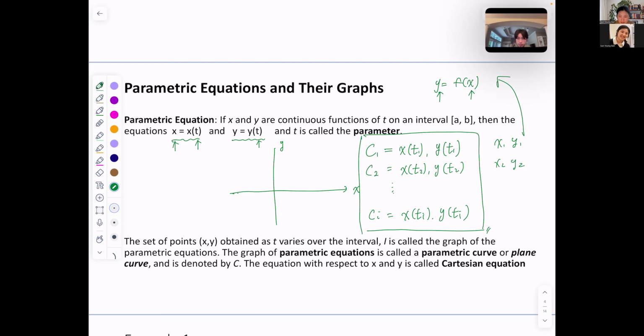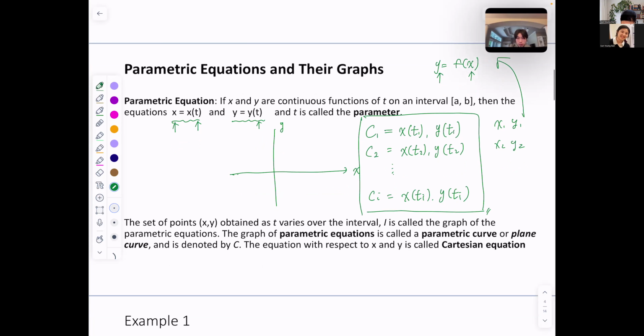I will show you the detailed example. So I'm going to just highlight the definition here. A set of points x and y obtained as t varies over the interval is called the graph of the parametric equation, or parametric curve, or plane curve.